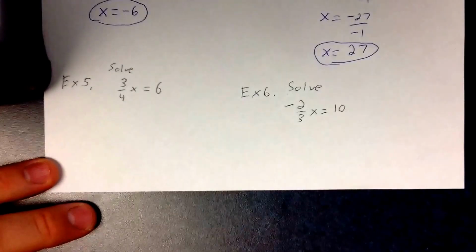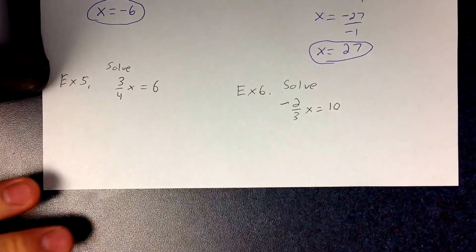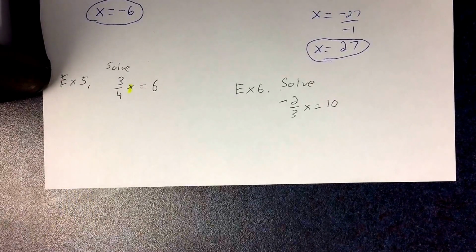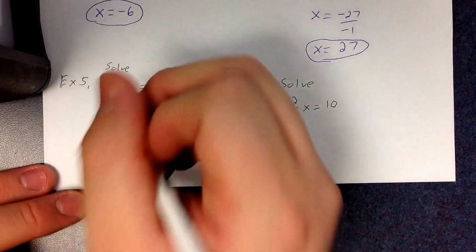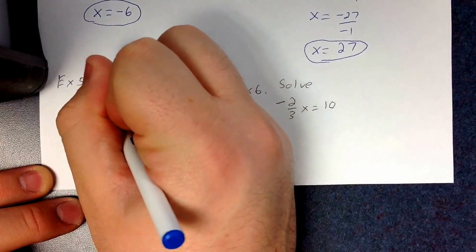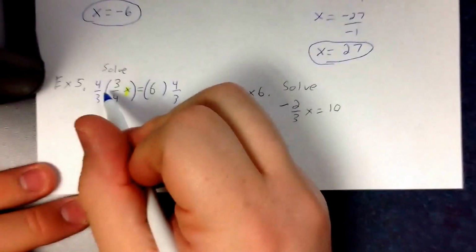So example 5, solve 3/4 x equals 6. Again, it's an equation, it's got an equal sign. The variable is on the left-hand side, but it's not by itself because 3/4 times x equals 6. Again, if I want to get rid of a fraction, I multiply both sides by the reciprocal.